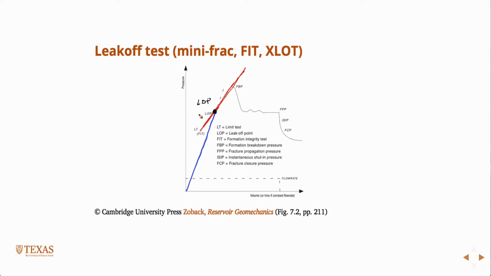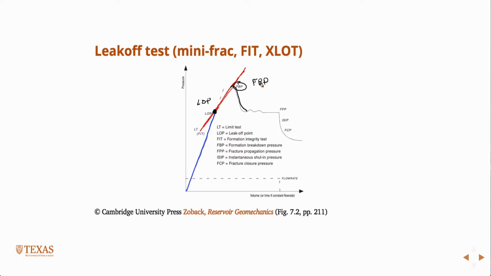However, if you do continue to pressure up beyond that, then eventually, at some point, you're going to see a maximum in the pressure time curve, and it'll drop, okay? And this is called the FBP, the formation breakdown point. So the maximum in that curve is called the formation breakdown pressure.